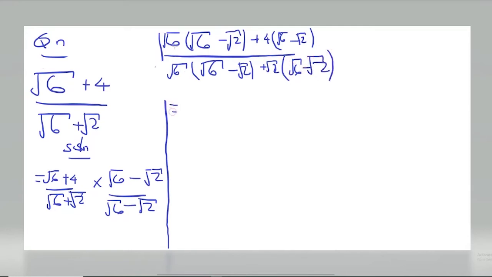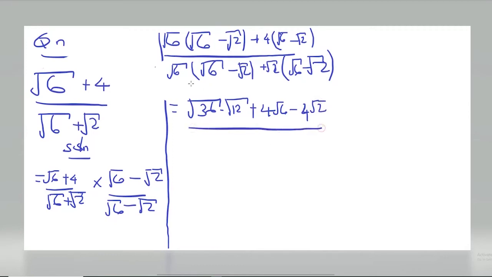Okay, now this one will be equal to 6 times 6 is equal to root 36, minus root 6 times root 2 is equal to root 12, then plus 4 times root 6 is equal to 4 root 6, minus 4 times root 2 is equal to 4 root 2, over root 36 minus root 12, then plus root 2 times root 6 is equal to root 12, then minus root 2 times root 2 is equal to 4 under root.